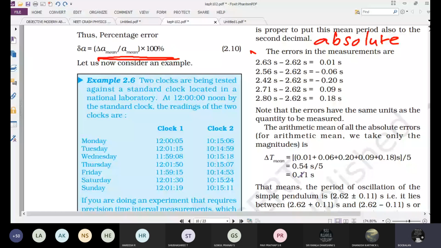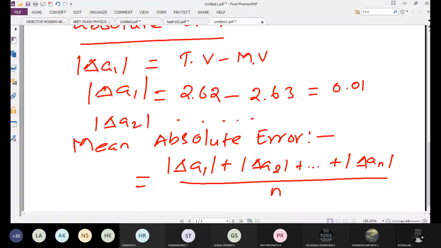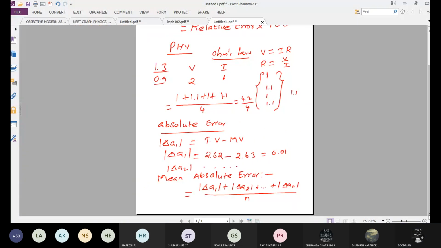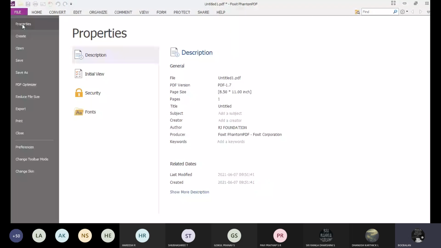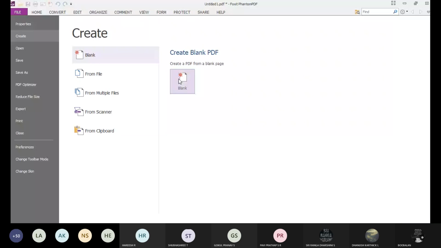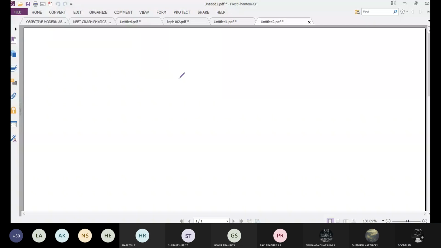The mean absolute error, I will mention as del A. The value is 0.11.